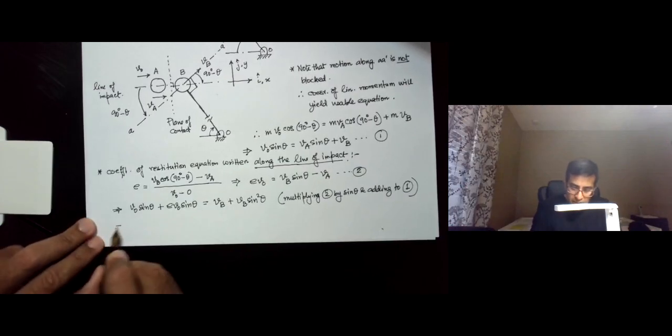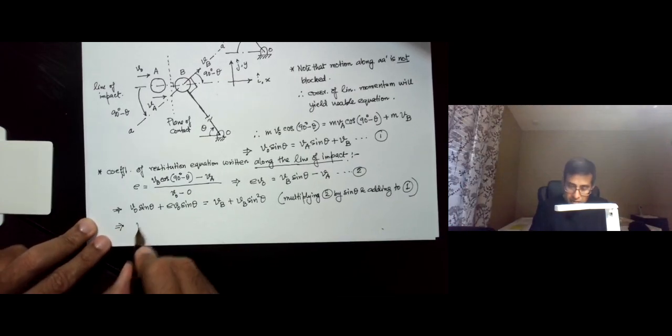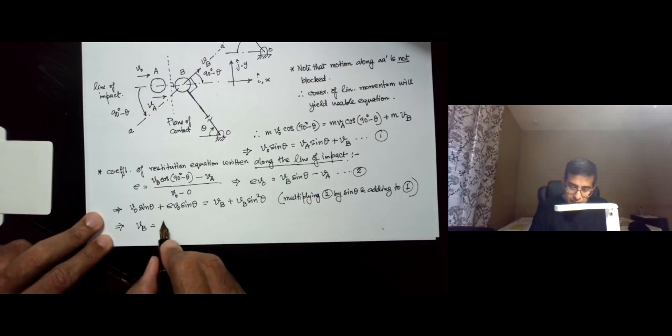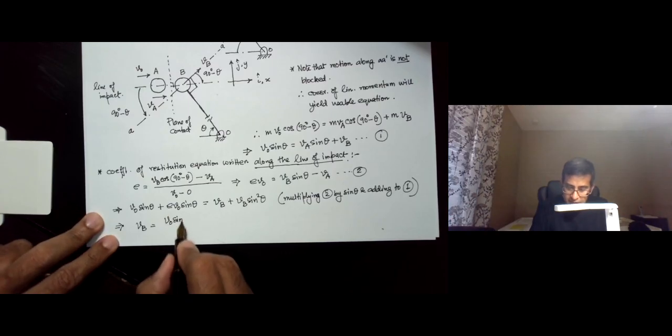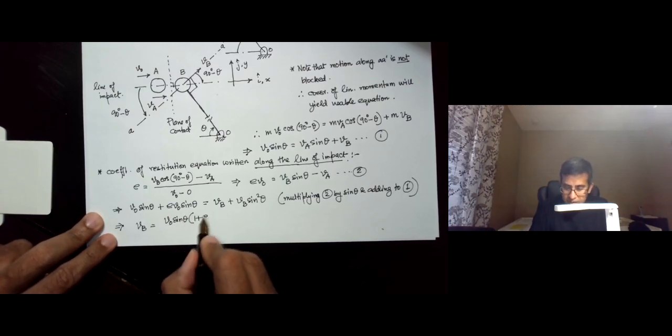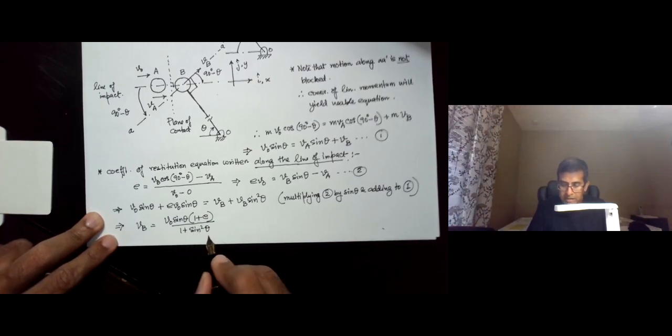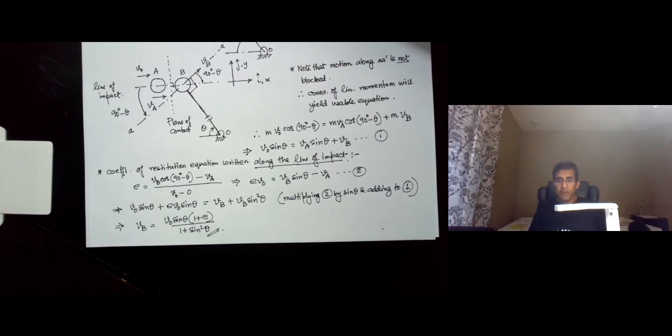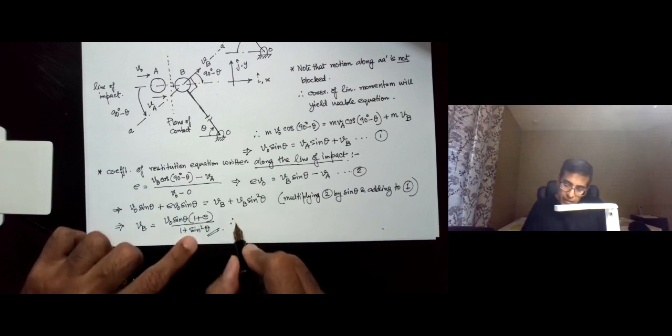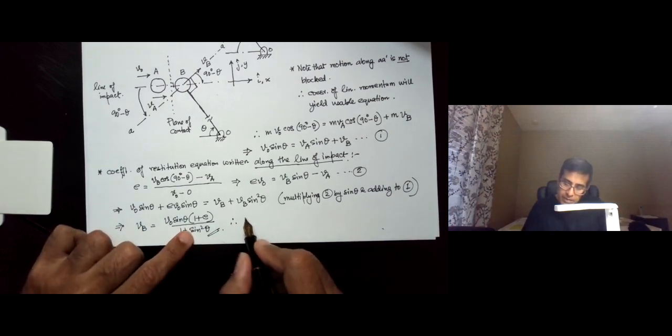So from here we get then that VB is equal to V0 sine theta times 1 plus E divided by 1 plus sine squared theta. So that's our solution for VB. And then from 2 we get the expression for VA.